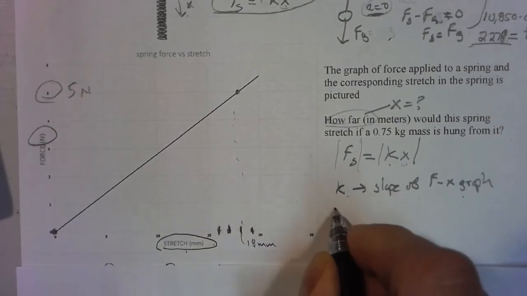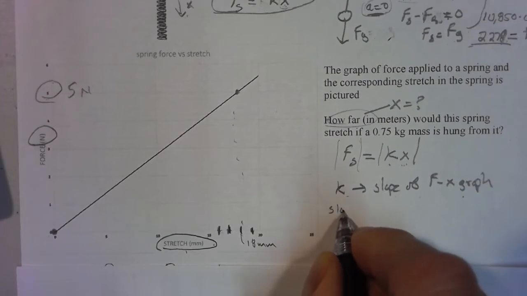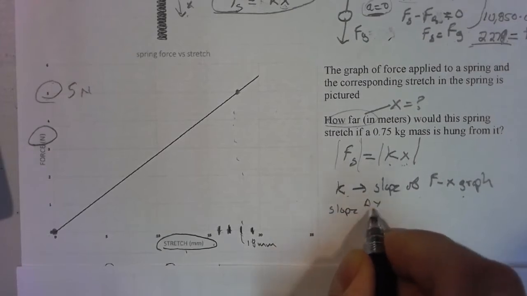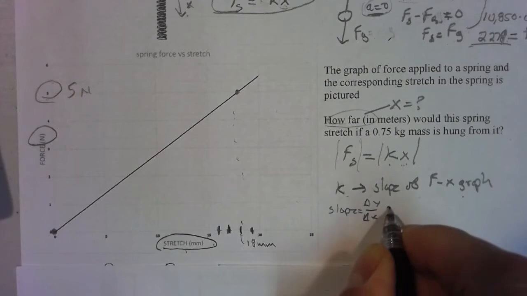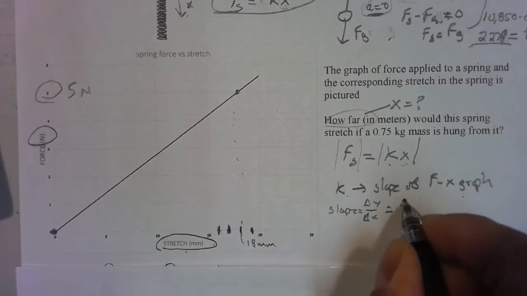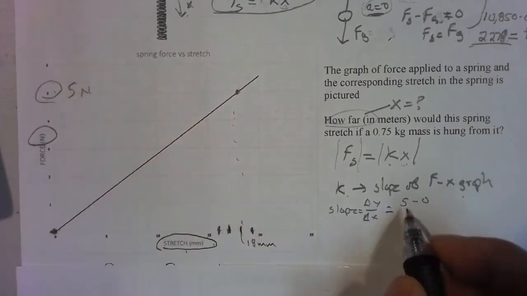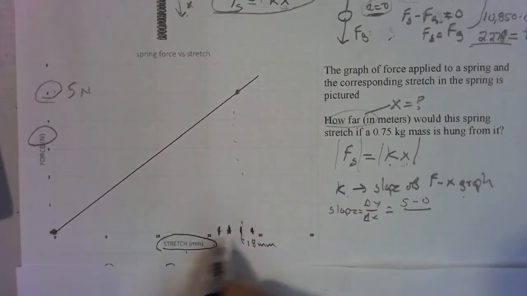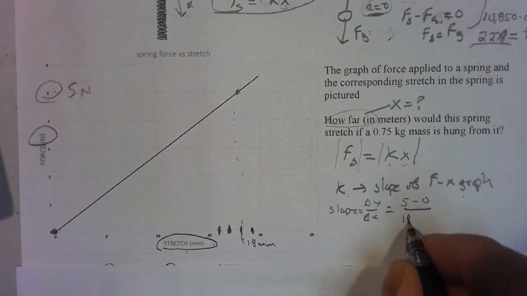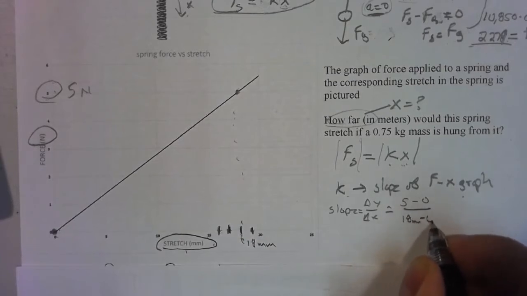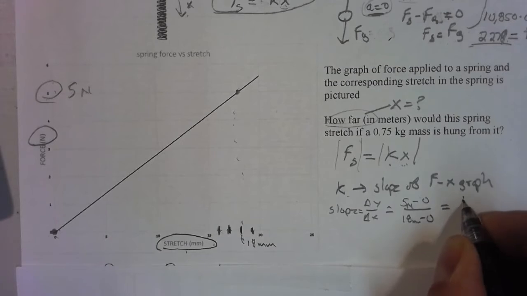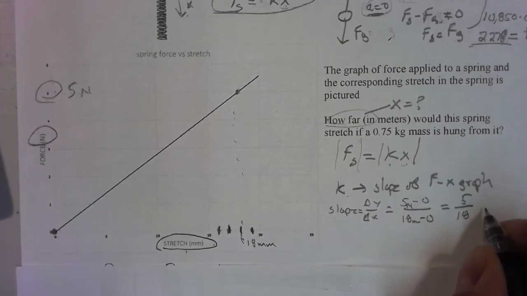So my slope is the change in the y-axis over the change in the x, which is 5 minus 0, divided by 18 minus 0, 18 millimeters minus 0. So it's going to give me 5 over 18, but that's newtons per millimeter. Right, that's newtons over millimeters.